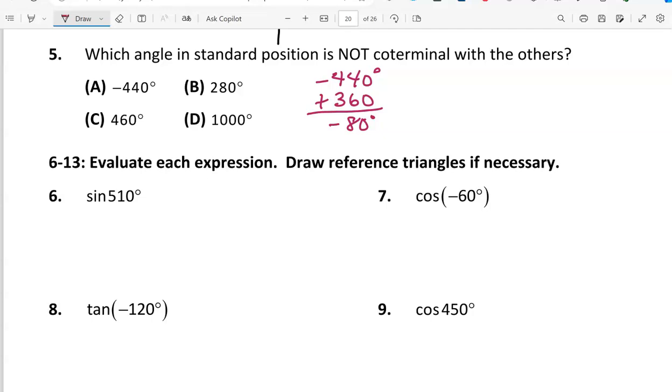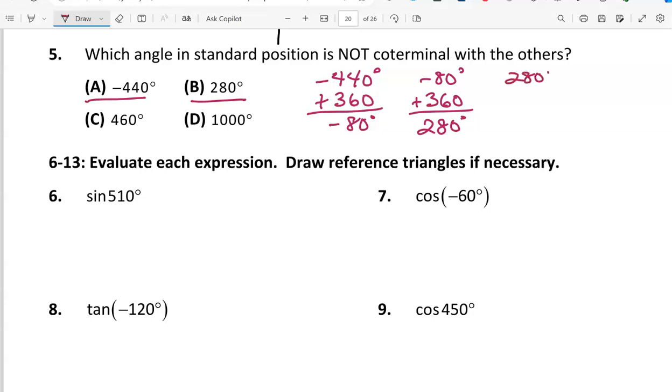That's not one on the list, but I'm going to keep adding 360 degrees. If I add 360 to that, I'm going to get 280. Checking my arithmetic, that means that so far these two angles are coterminal with one another.